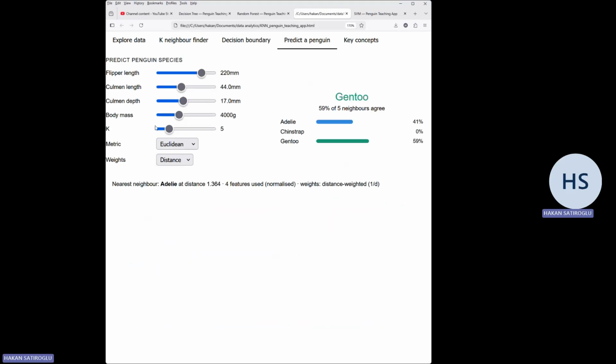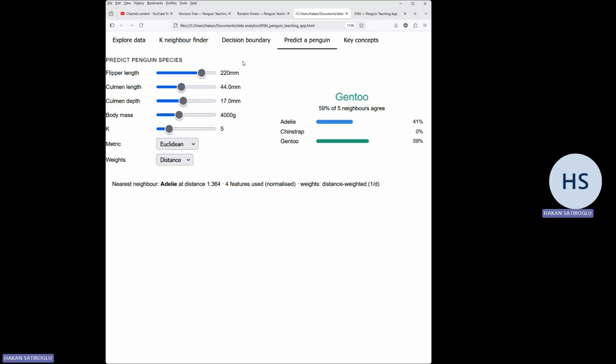This is the decision interactive screen. If a new penguin appears with a flipper length of 220 millimeters and a culmen length of 44, then 59% of the neighbors agree on Gentoo and 41% on Adelie, according to this algorithm and these mathematical calculations.